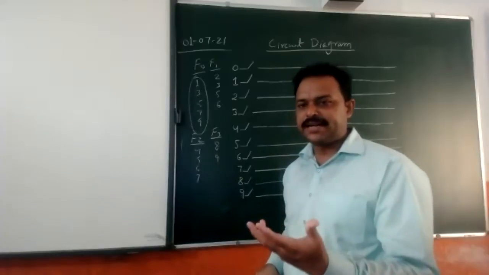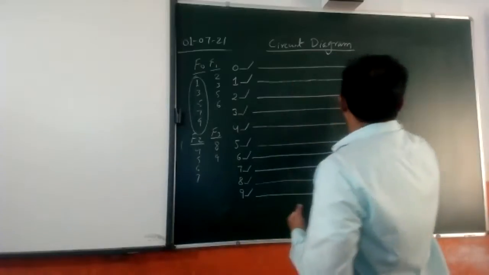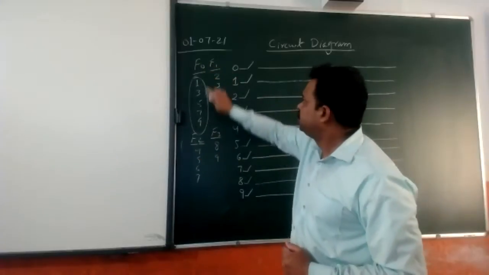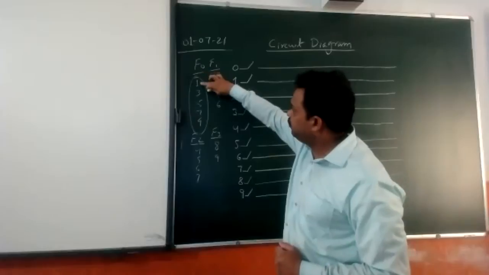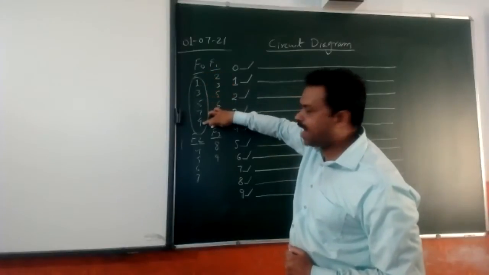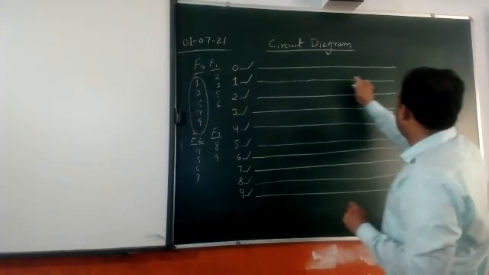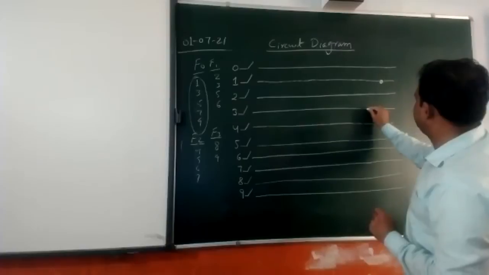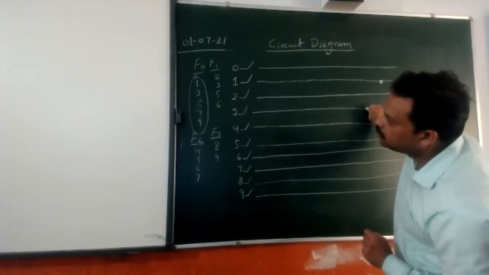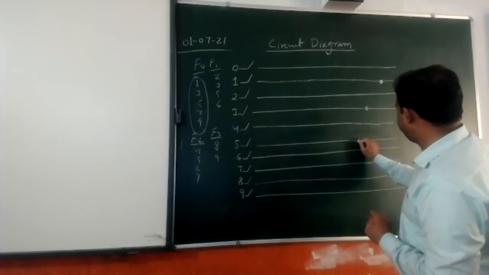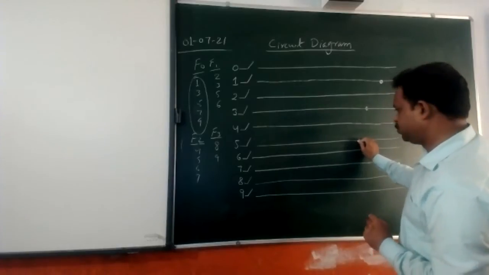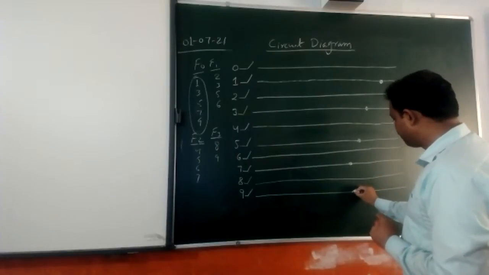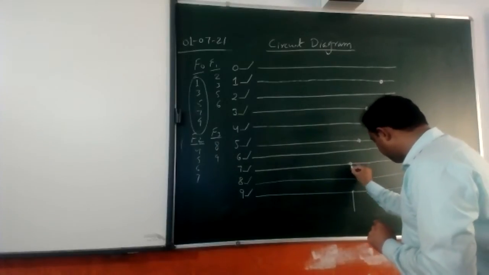Now see how to draw the circuit diagram. Very simple concept. These are the 4 outputs. For first output, where you have 1, 3, 5, 7, 9, connect those lines. This is your 1, then this is your 3, this is your 5, this is your 7, and this is your 9.